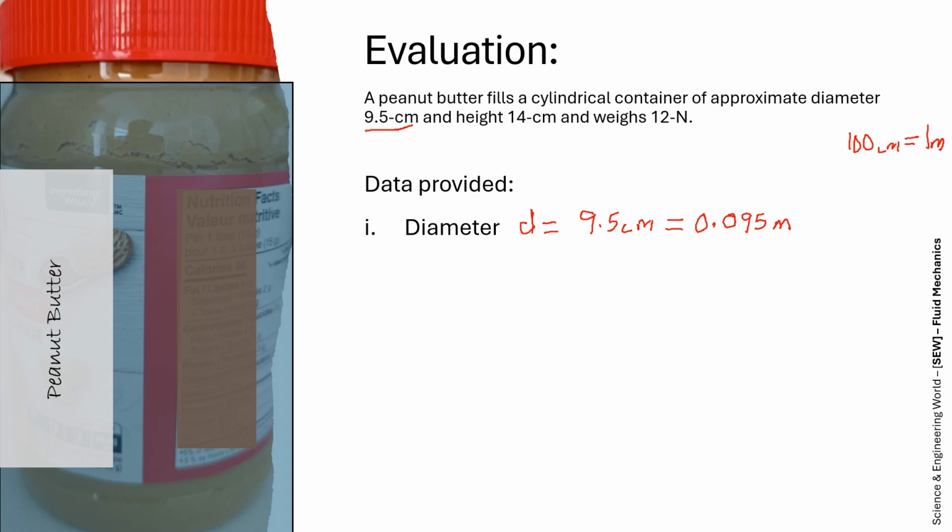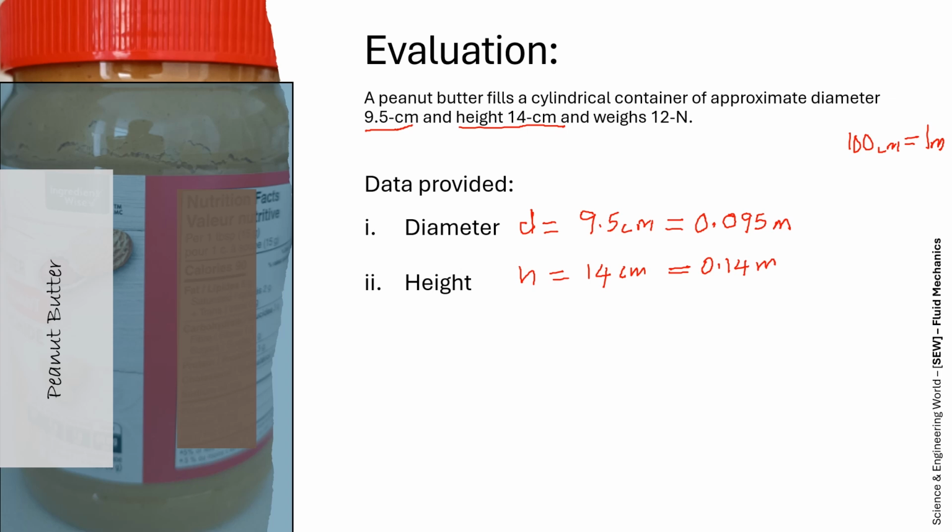Again, we are given the height of the container as 14 cm. So we have the height of the container, h, equal to 14 cm. Again, converting to meters, we have it as 0.14 meters.